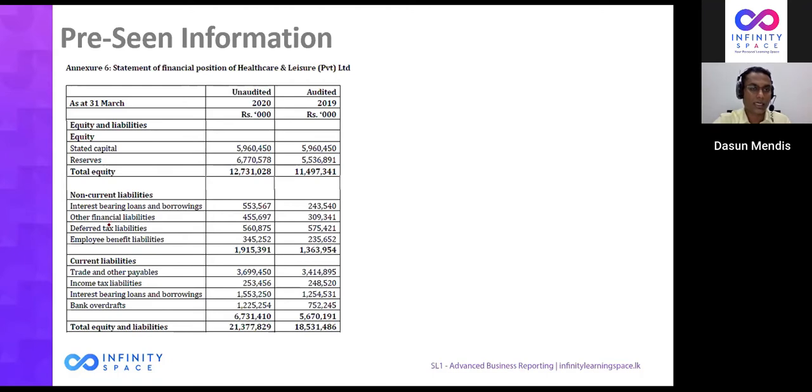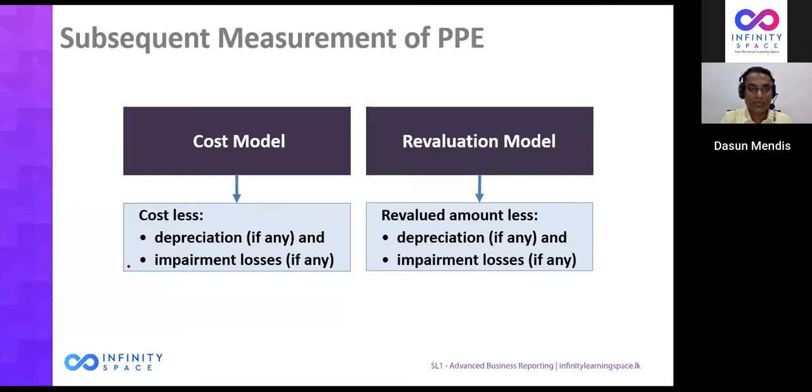So under the non-current liabilities, interest-bearing loans and the borrowings, financial liabilities, deferred tax liabilities, employment benefit liabilities. Under the current liabilities, trade and other payable, income tax liabilities, interest-bearing. This is the current portion of the interest-bearing loans and borrowings, and the bank overdraft. Right now, I looked at where the value adjustments are taking place in the financial statements.